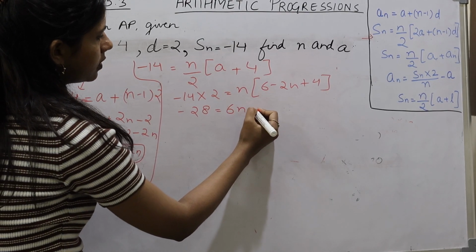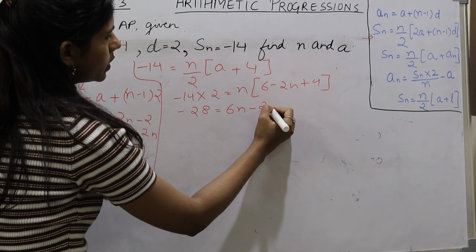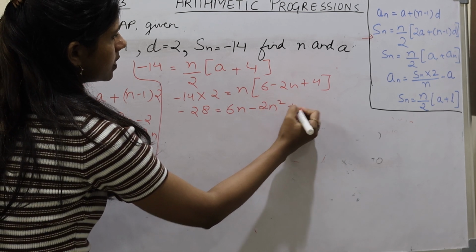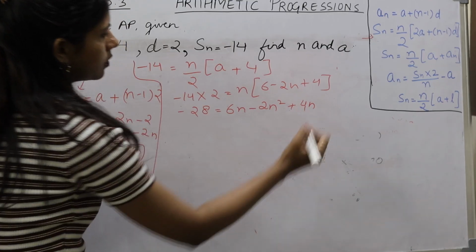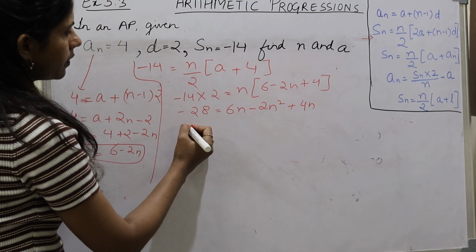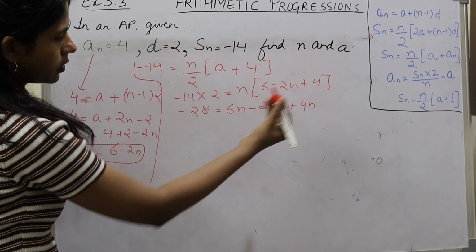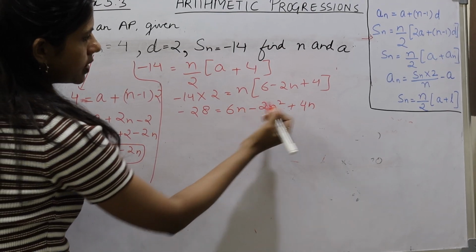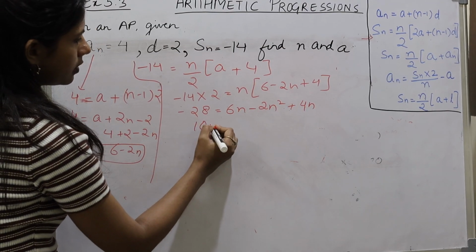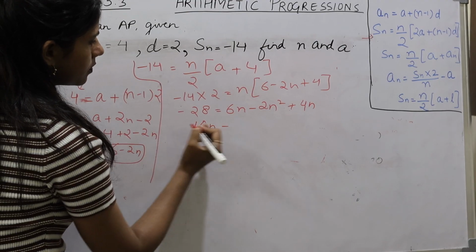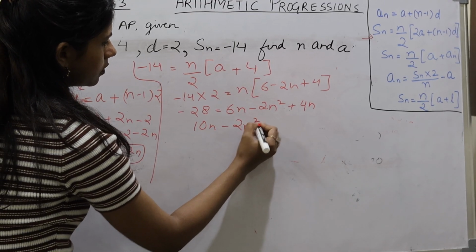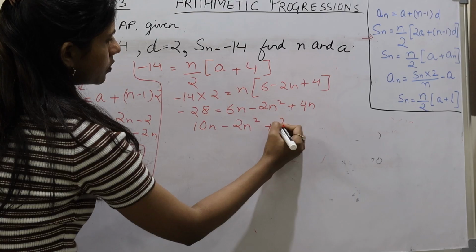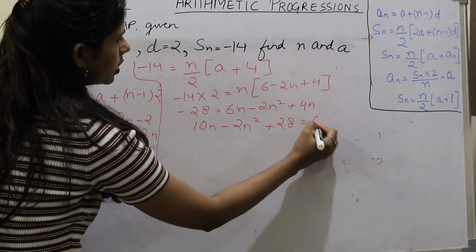It will be 6n minus 2n square plus 4n. Okay, we will resolve it further. We will take everything on the same side. So 6n plus 4n will be 10n minus 2n square plus 28 equal to 0.